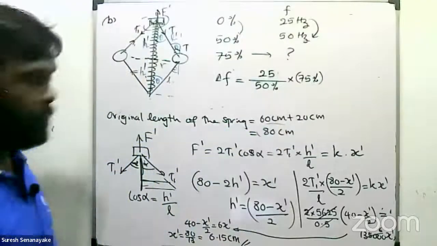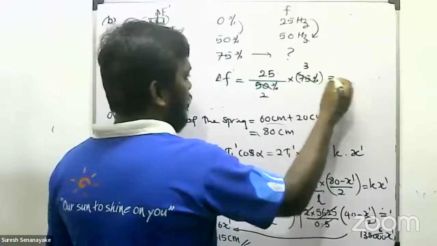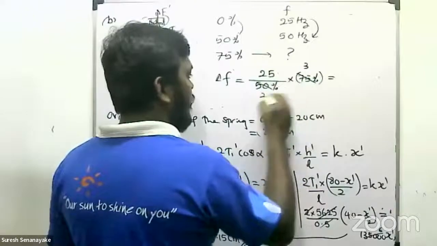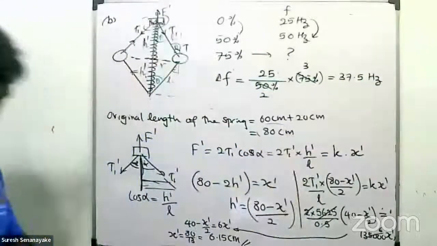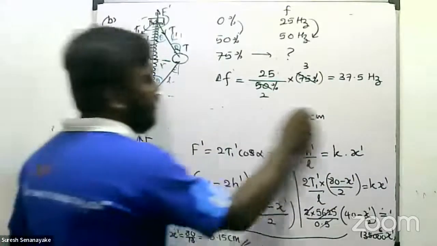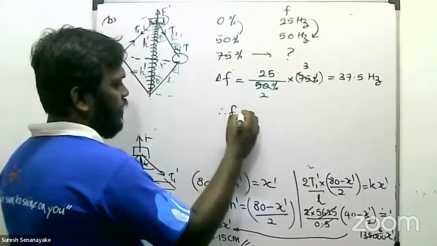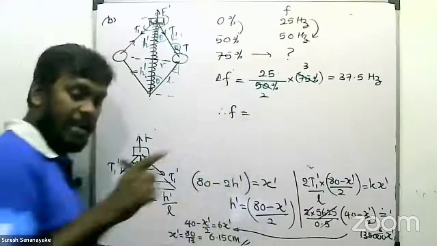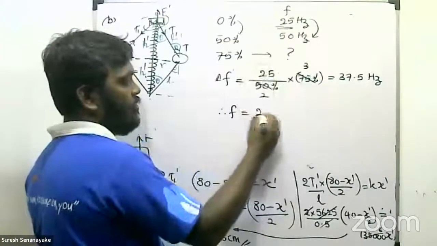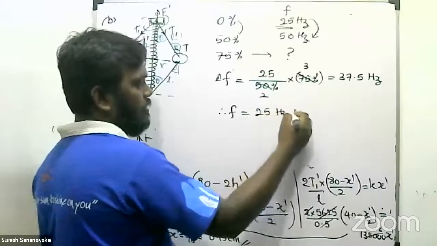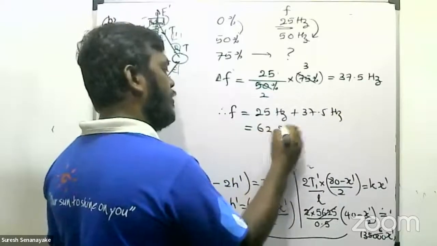Now 75 divided by 2, that's 37.5 hertz increased. Now the new frequency: initially at 0 block it is 25 hertz, so now the frequency is 25 plus this increased amount. The total together is 62.5 hertz.